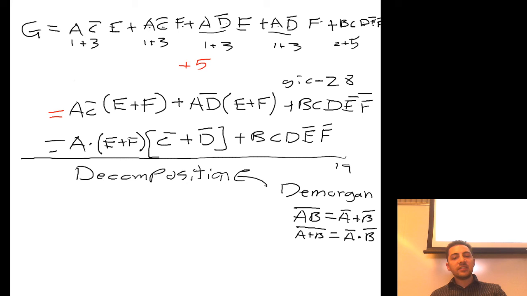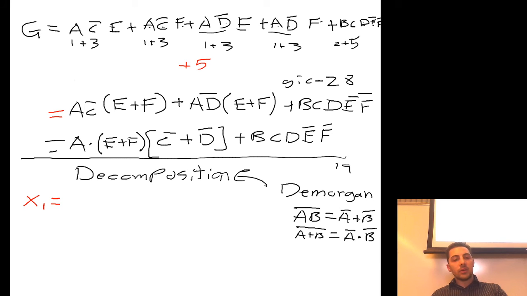So right here I see C bar or D bar. C bar or D bar could have been C, D inverted, C NAND D. Now we don't have C NAND D anywhere in here, do we? No. But here's where decomposition gets a little crafty. Let's say that we're going to create a temporary variable called X. We can even say X1.